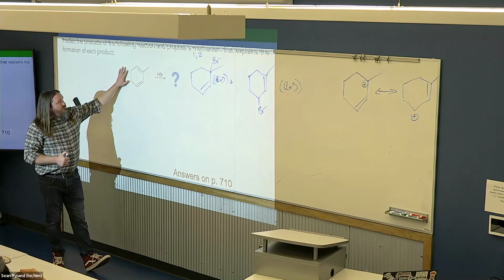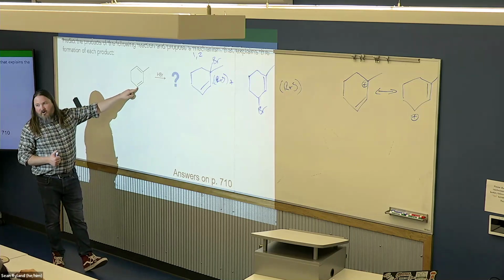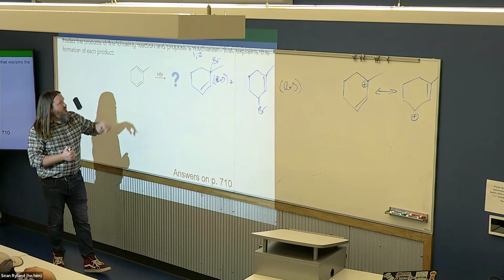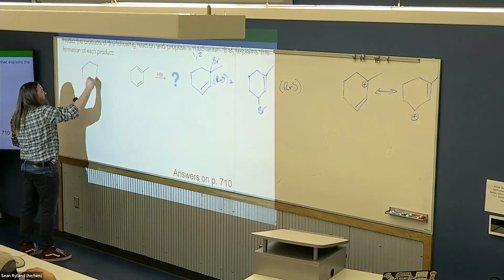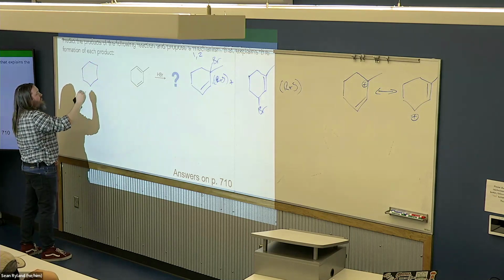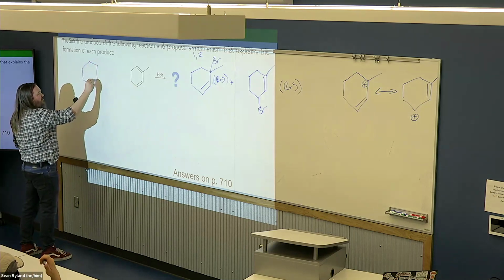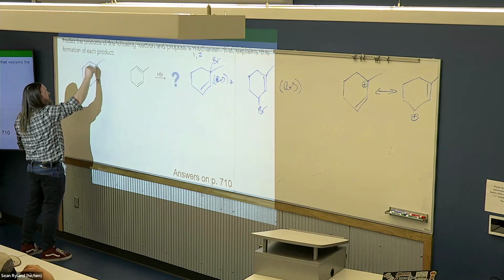If we looked at the bottom reacting first, our intermediate would be, we added a hydrogen here, so a positive charge there.